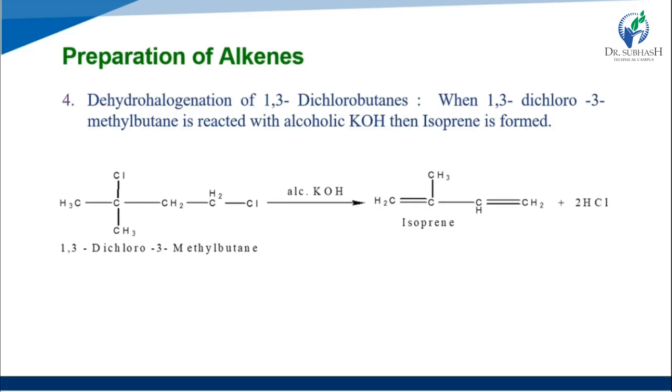Here we take 1,3-dichloro-3-methylbutane, and the reaction occurs in the presence of KOH at a high temperature, about 573 Kelvin. Then it makes isoprene, with the CH3 attached at the 2 position, and 2 HCl are removed. So this is the preparation of the dienes. Thank you all.